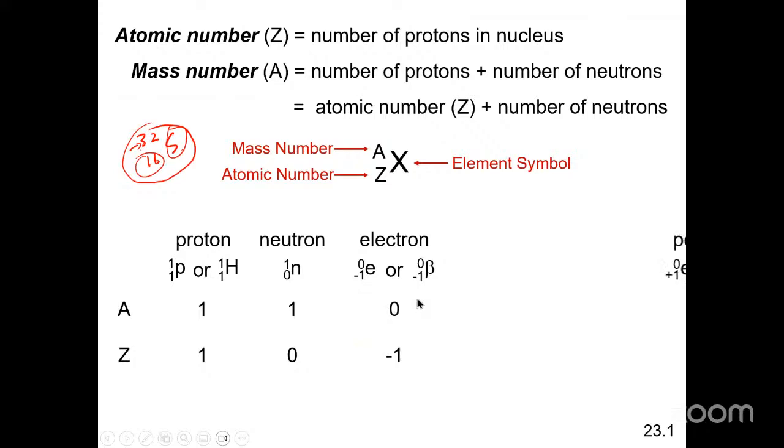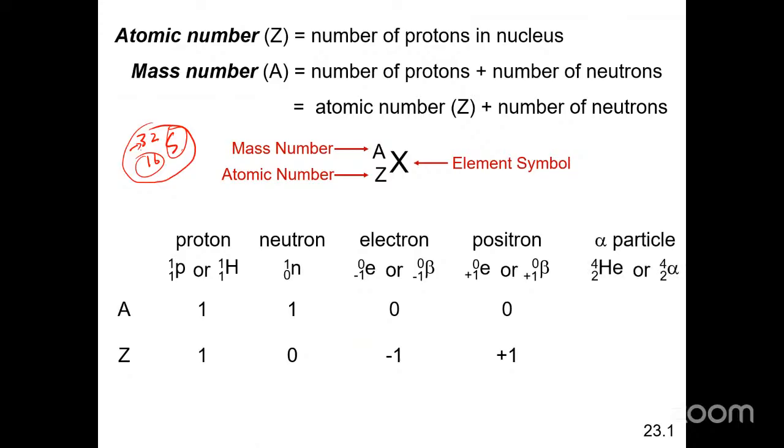Okay, and then there's another particle known as a positron, which is seen as the opposite of the electron, right? And you can use this symbolism or this symbolism, right? And then there's another one. Oh, and by the way, the mass number is 0 for the positron, just like in the case of the electron, and the atomic number is +1. And then we have what is known as the alpha particle, which is the helium-4 nucleus, right?